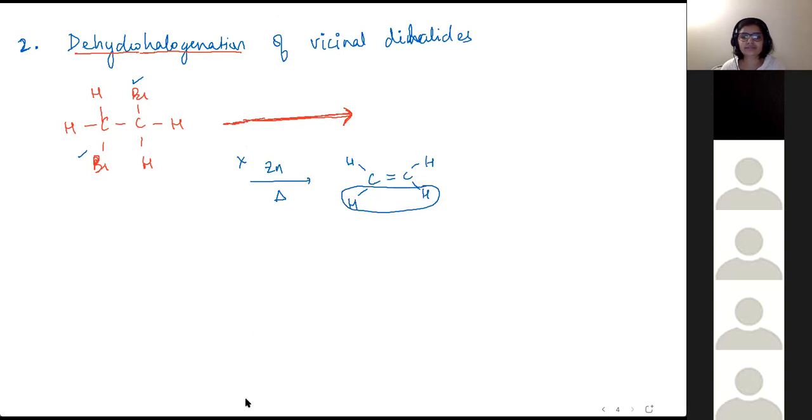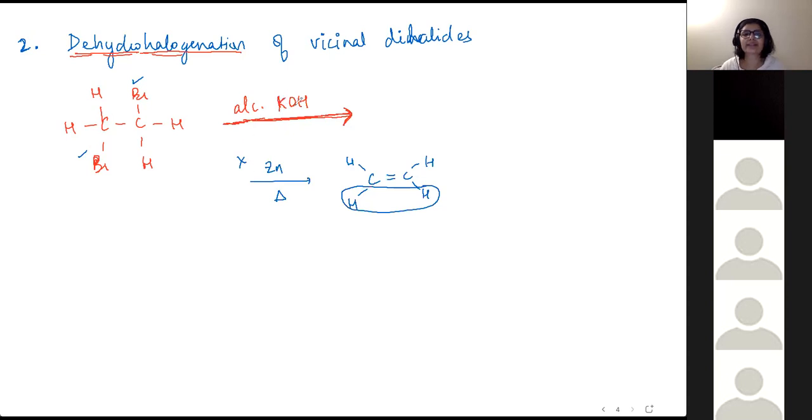For halogenation, we use light and chlorine. Not halogenation, dehydrohalogenation. Is it potassium hydroxide dissolved in alcohol? Yeah, alcoholic KOH, alcoholic potassium hydroxide.